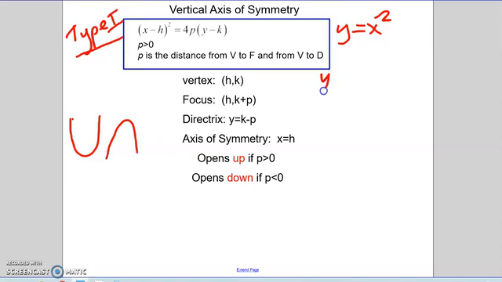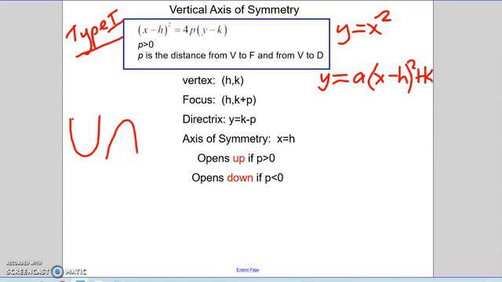And you may have seen parabolas in vertex form, so they kind of look like this: y equals a times x minus h squared plus k. So you may have seen something like that. That was vertex form.